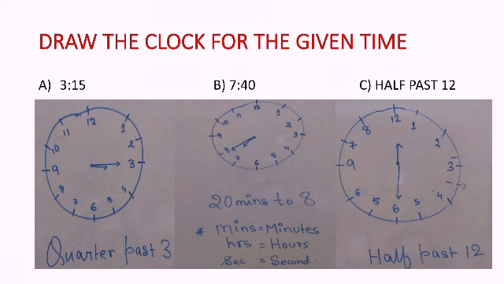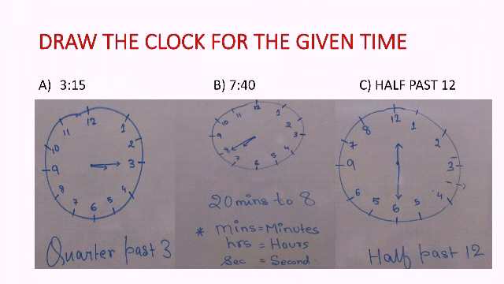The number which is on the left hand side of the dot, the hour hand, that is the smaller hand of the clock, will point towards 3, and the minute hand, that is the larger hand of the clock, will be at that number which you get as an answer when you multiply 5 with any number.